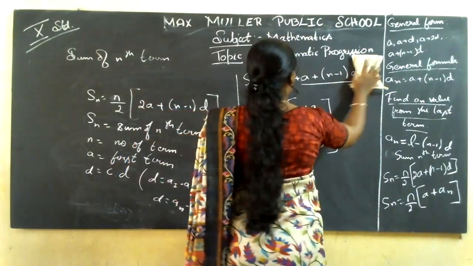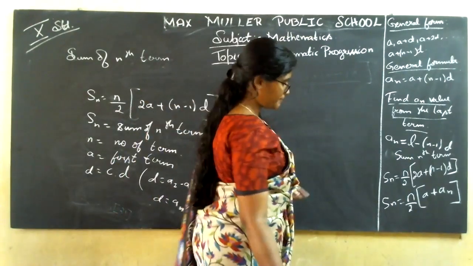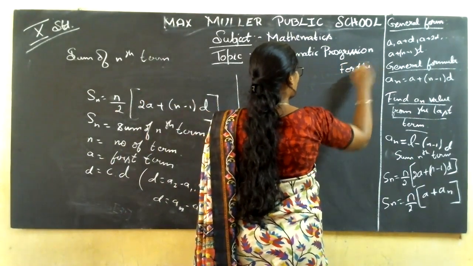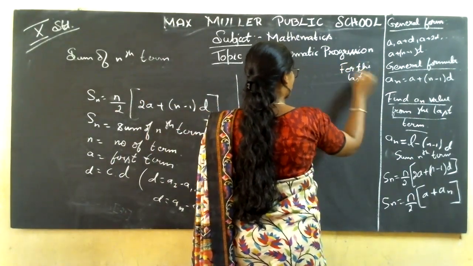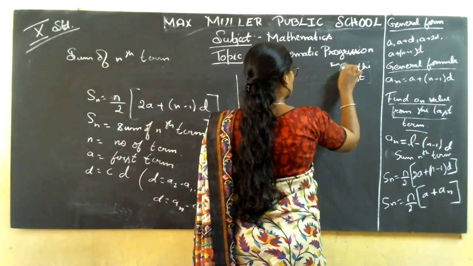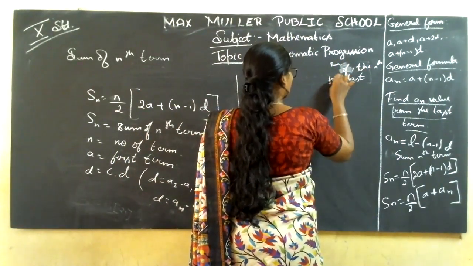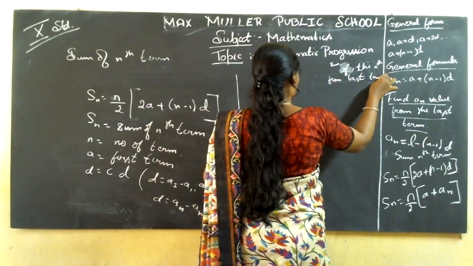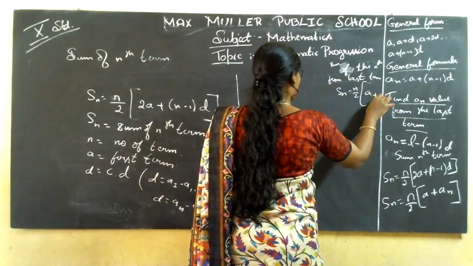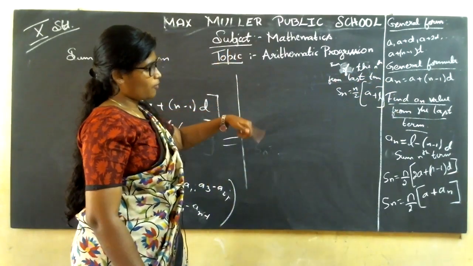Sn is equal to n by 2 a plus l. 1, 2, 3, 4, 5, 6.